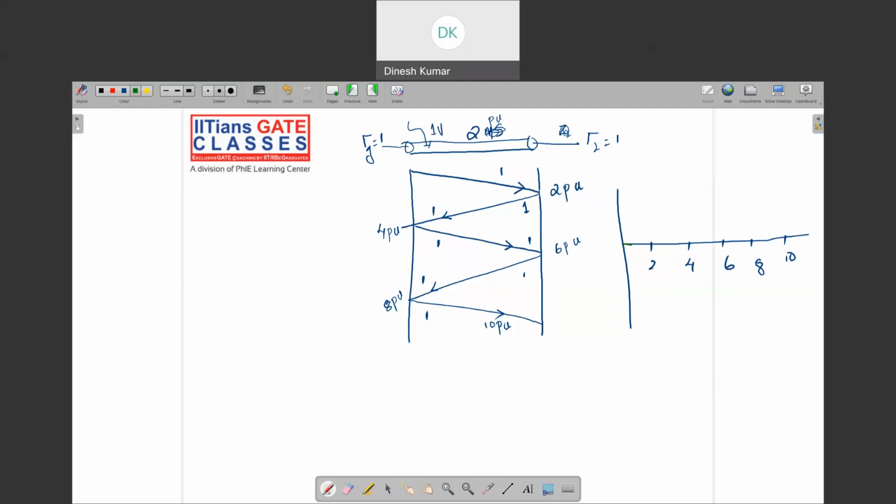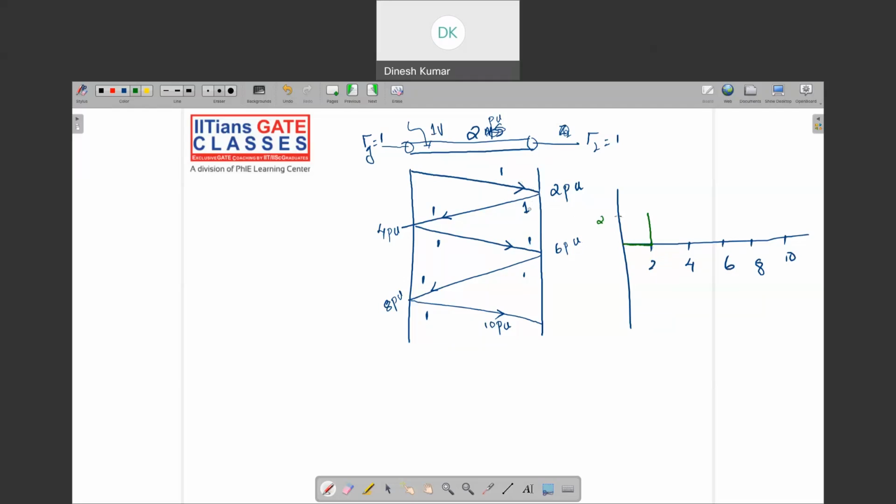So up to 2 per unit, it is 0. Then at 2 per unit, what happens is 1 plus 1, 2 will happen. Right? So basically 2 volt is actually coming here. Okay? So at 2 per unit time, we are getting something like 2 volt.